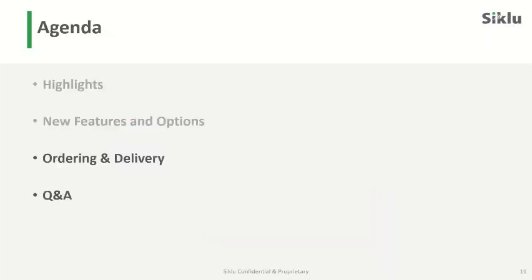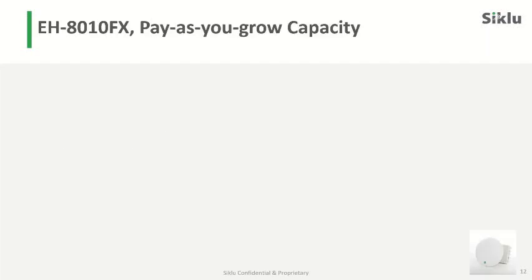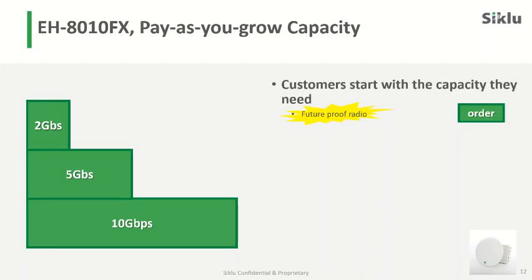We're going to be talking now about the different ways you can order and get delivery of the 8010FX, which are changing from what has been available before. So the first thing to remember, we are now introducing these pay-as-you-go capacity options.